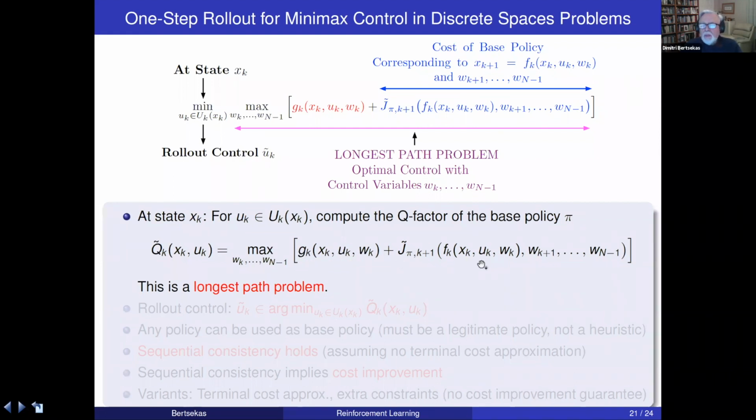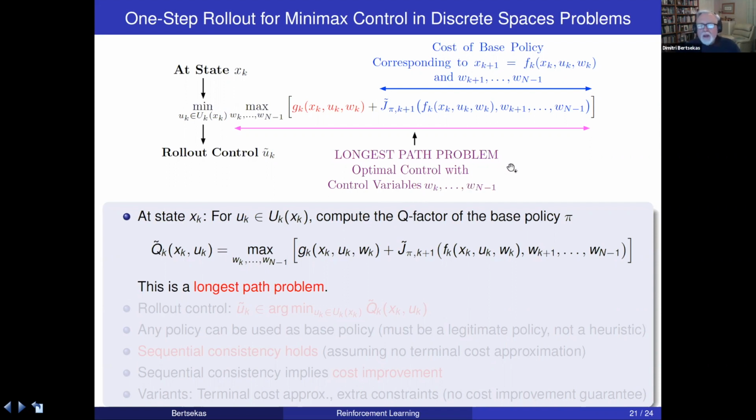On the other hand, this problem is not an expected value calculation, which you can do by simulation. Instead, it is an optimal control problem with the control variables being the W's now. And it's a maximization problem. It is not a shortest path problem. It is instead a longest path problem, assuming everything here lives in a finite space. So there's some kind of a look-ahead tree, and the W's are obtained by weeding through the tree, our route, to find the longest path, not the shortest path, the longest path.